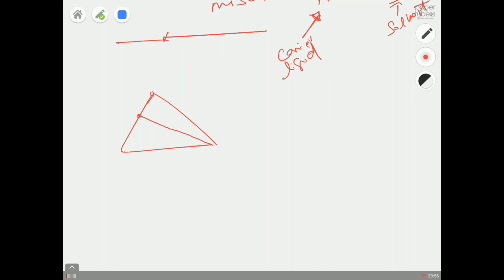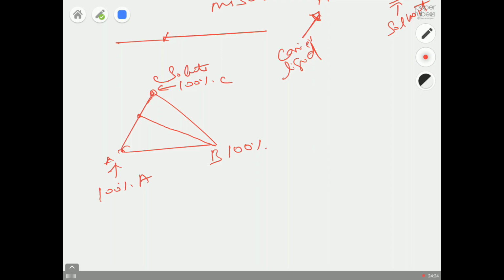That's why I stick to this rule. CAB: solute should go top, A should come left, B should come to the right. So this is your 100% B, this is your 100% C, this is your 100% A. We already talked about this, so try to follow this lecture. I think I summarized enough.